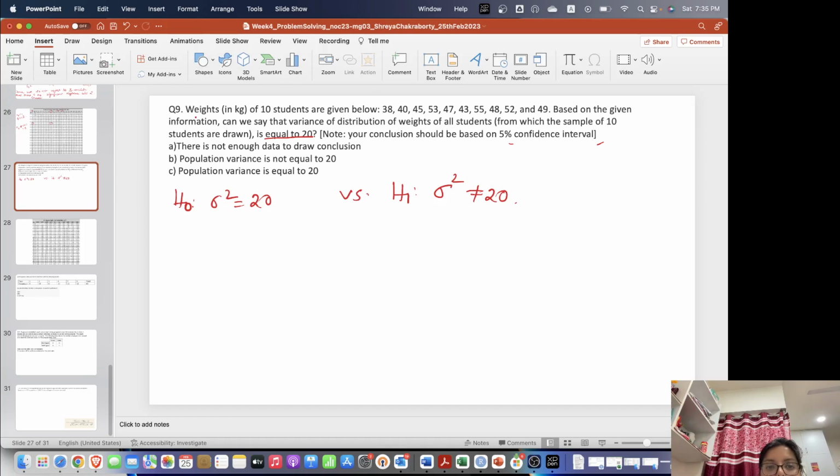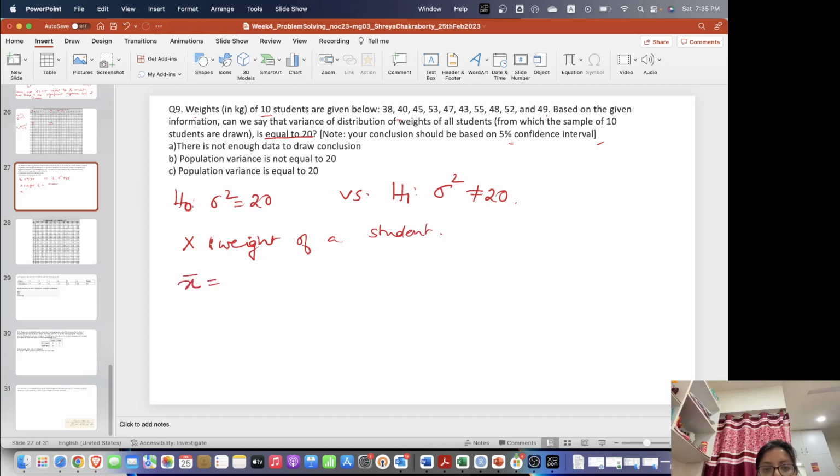So these are the weights of 10 students in kgs. So the average, let x denote weight of a student.